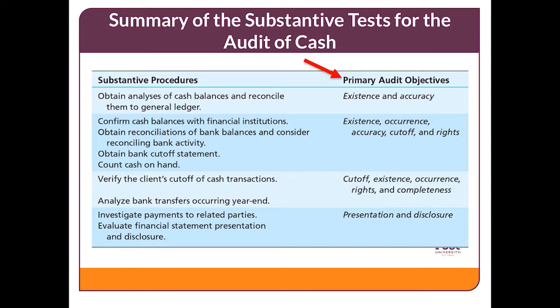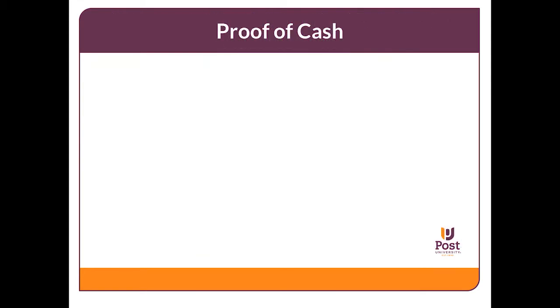the footnotes. When internal control over cash is weak, the auditors may prepare a proof of cash. This technique may cover the entire year under audit and is used to identify cash receipts and disbursements recorded in the accounting records but not on the bank statement.